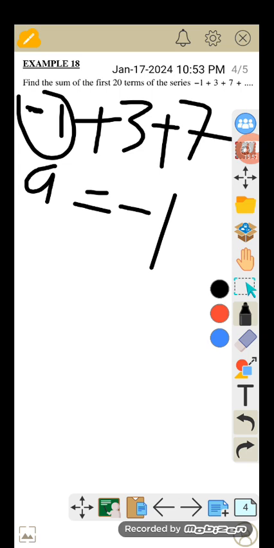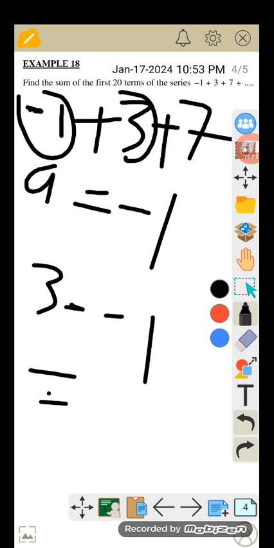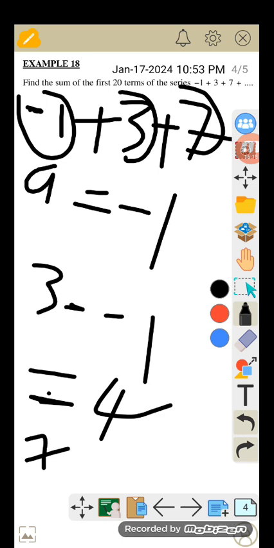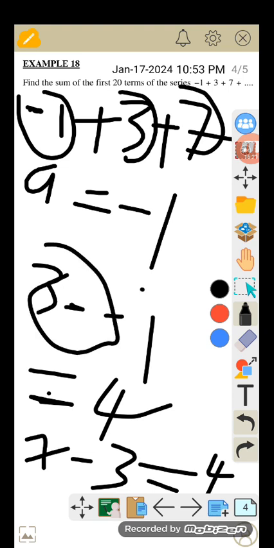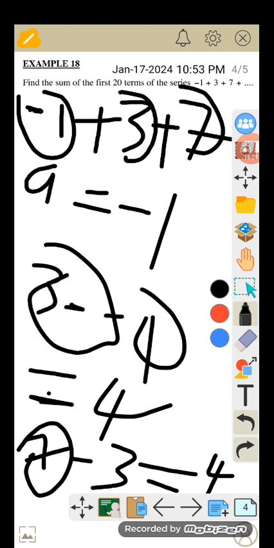T2 minus T1 is 3 minus 1, which gives us 4. Then we check T3 minus T2, which is 7 minus 3, and we also get 4. T2 minus T1 equals T3 minus T2. Therefore, my sequence is an arithmetic sequence.